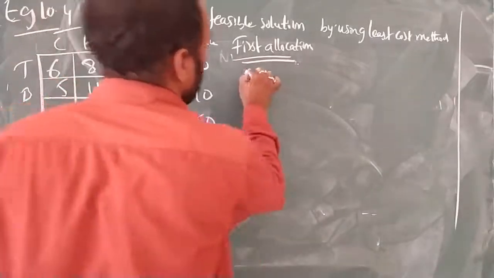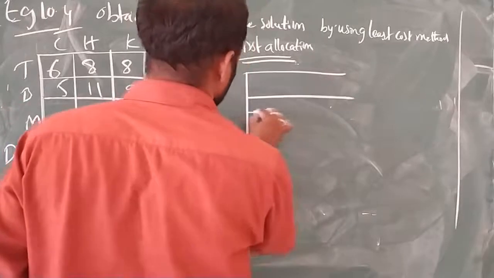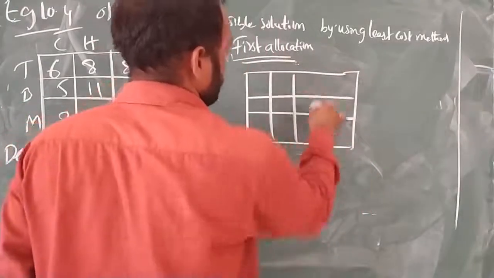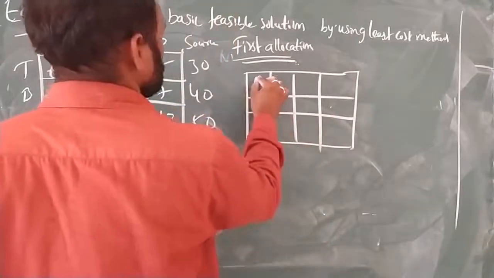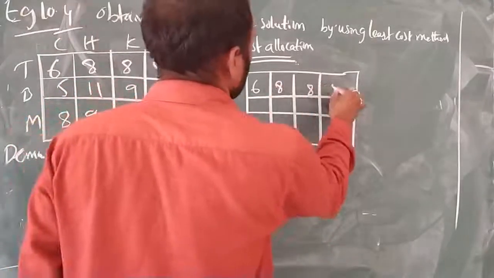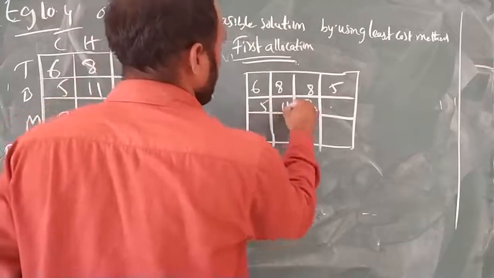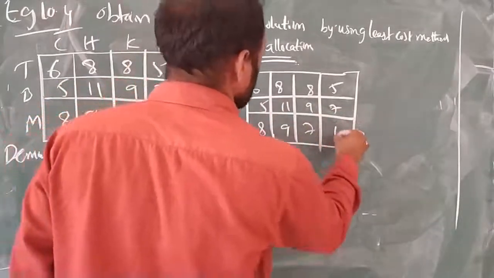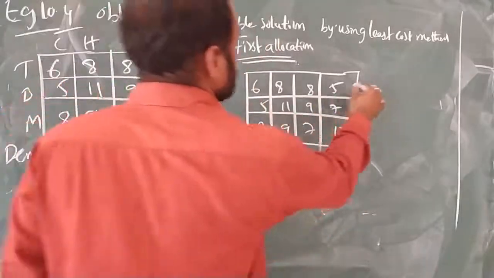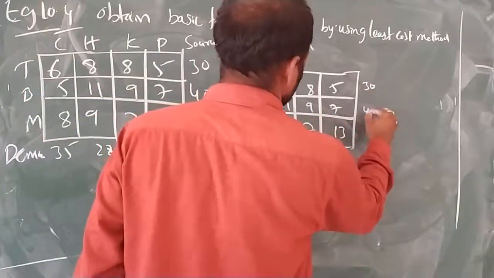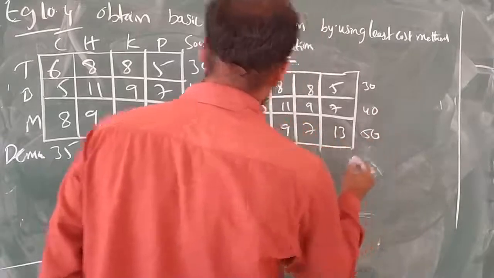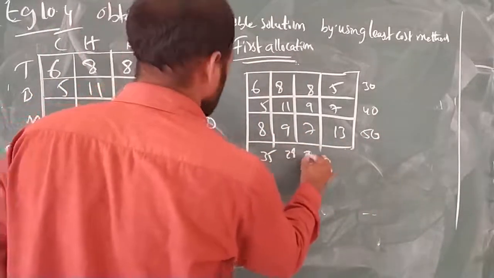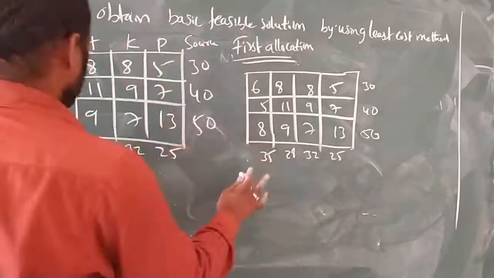So let me draw the table. So 6, 8, 8, 5, 5, 11, 9, 7, 8, 9, 7, 13. So here 30, 40, 50 and 35, 28, 32 and 25. We need to write everything.